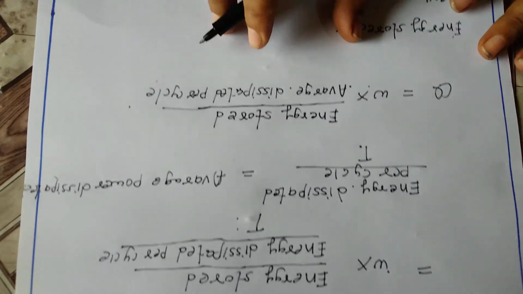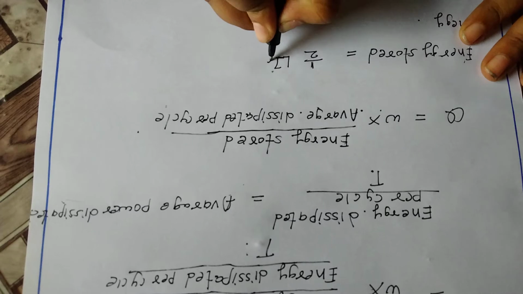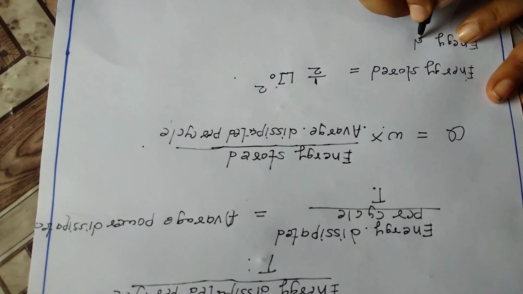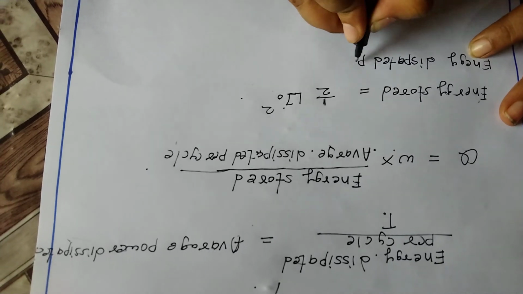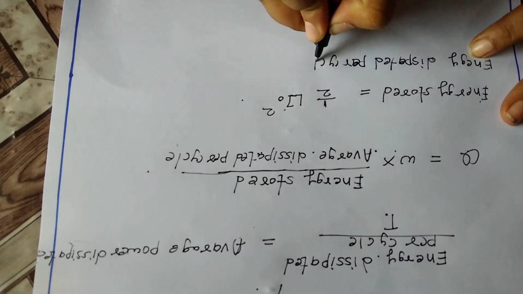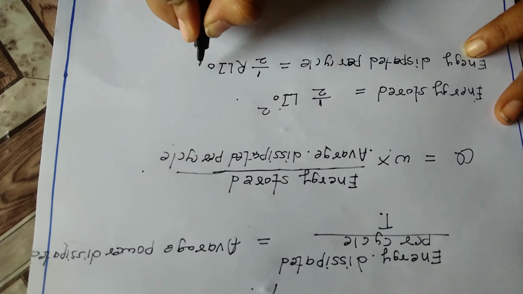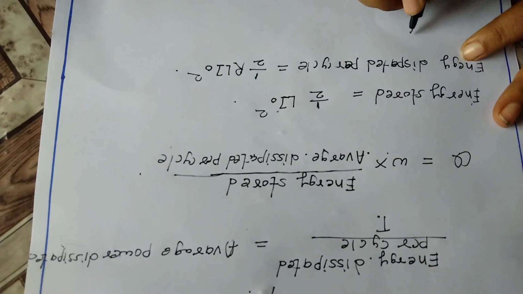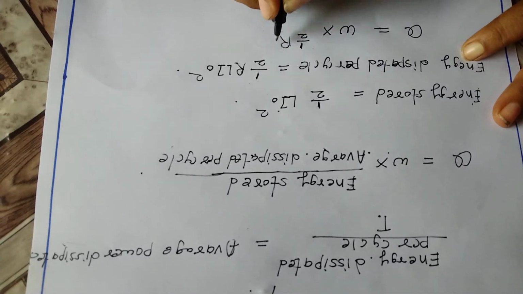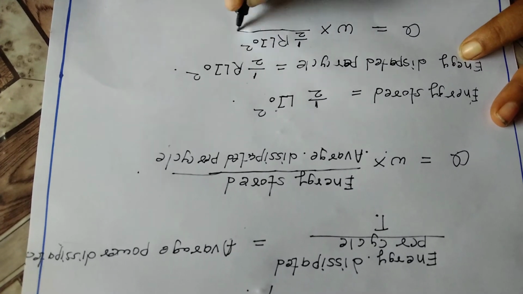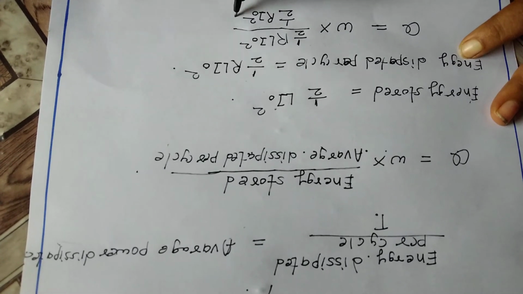We know the energy stored in the LCR circuit is 1/2 L I naught square, and the average energy dissipated per cycle is 1/2 R I naught square.